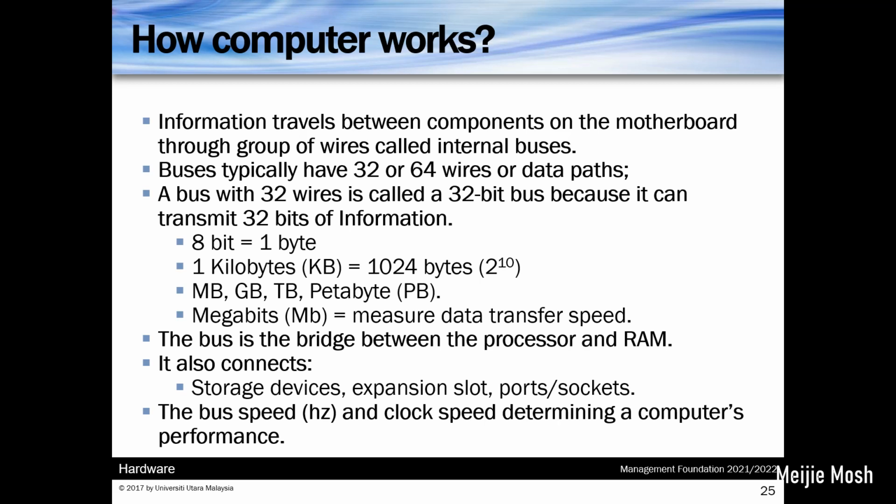PCI, Peripheral Component Interconnect, which uses 32-bit. PCMCIA, or Personal Computer Memory Card International Association. SCSI, Small Computer System Interface. USB, Universal Serial Bus. IEEE 1394, commonly known as FireWire.